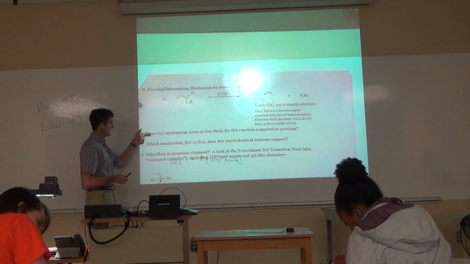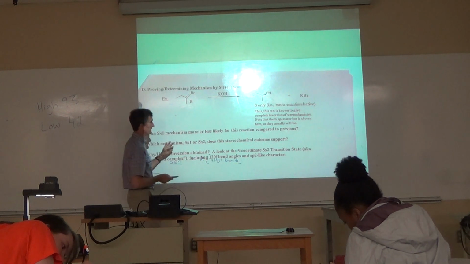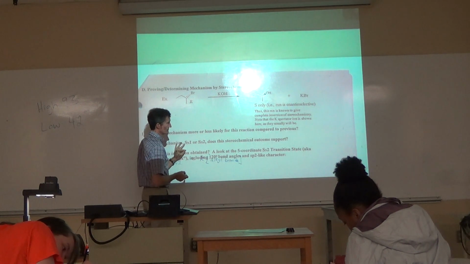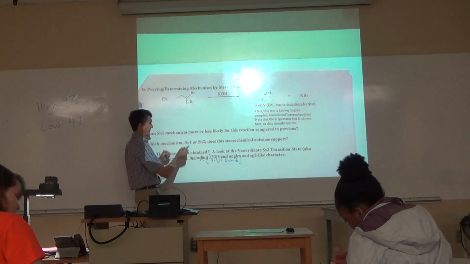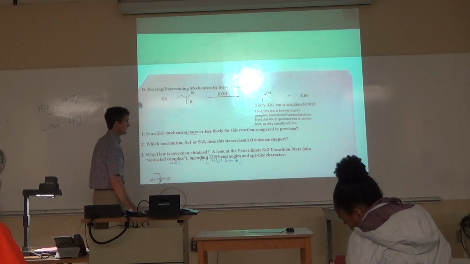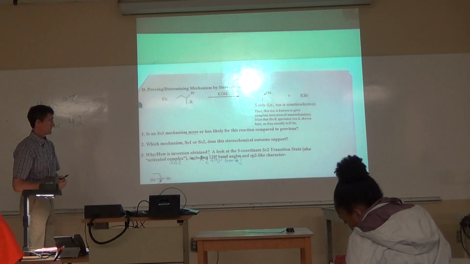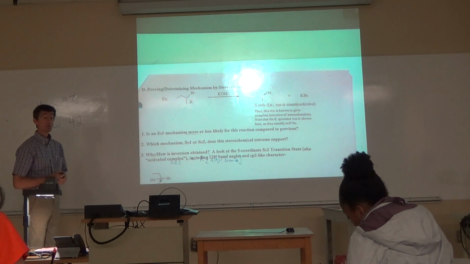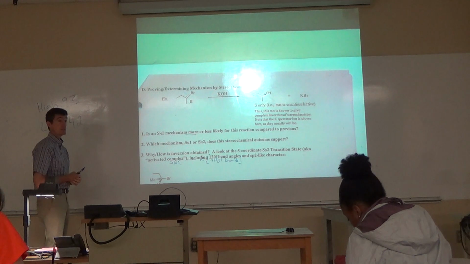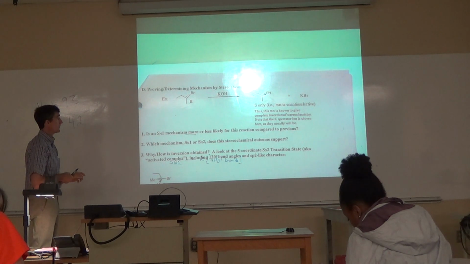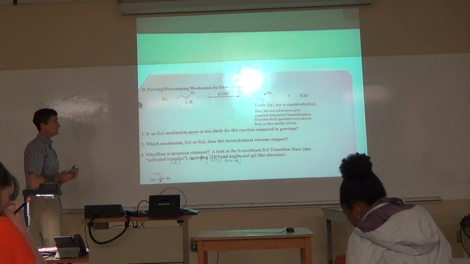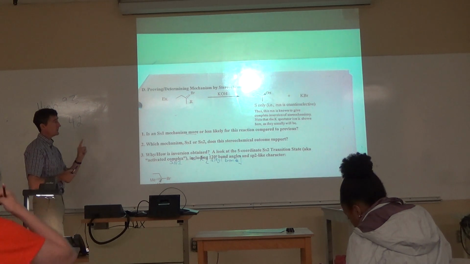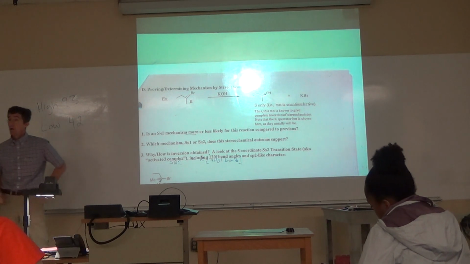Yes, SN1 is more likely. Does that mean it's SN1? Not necessarily. All I'm saying is it's more likely. Number two, which mechanism, SN1 or SN2, does the stereochemical outcome support or indicate?